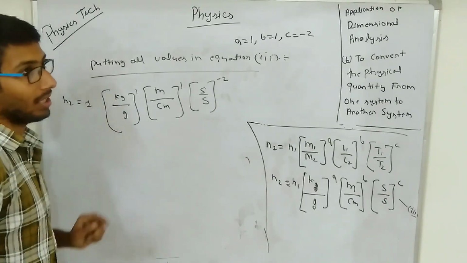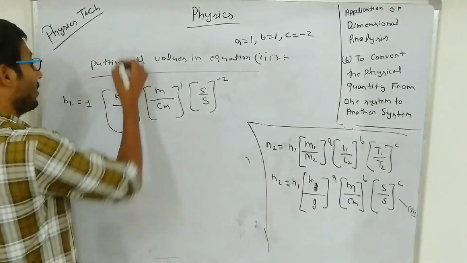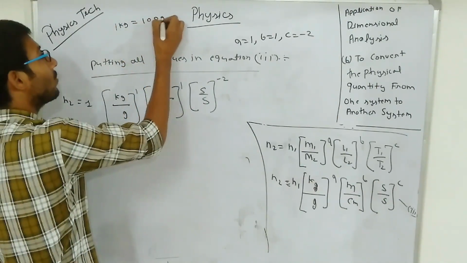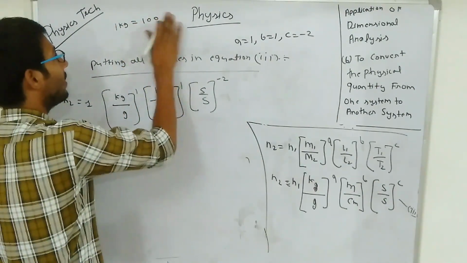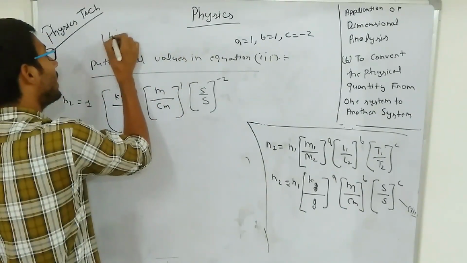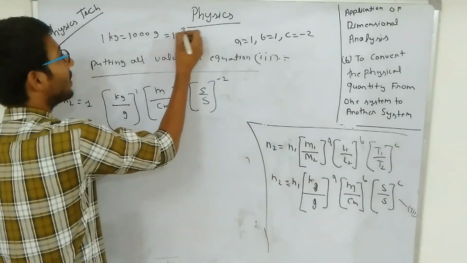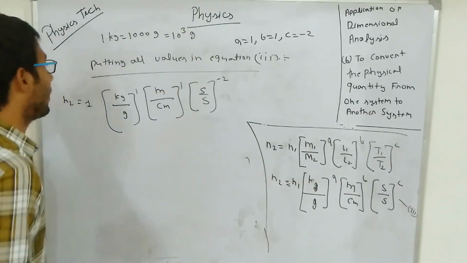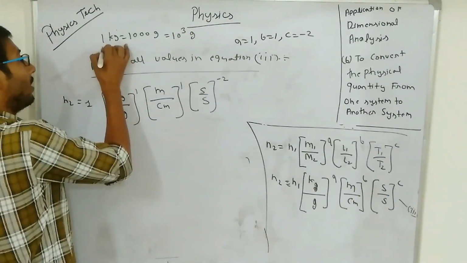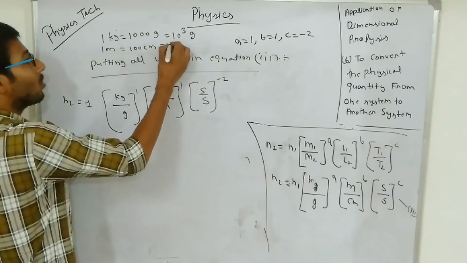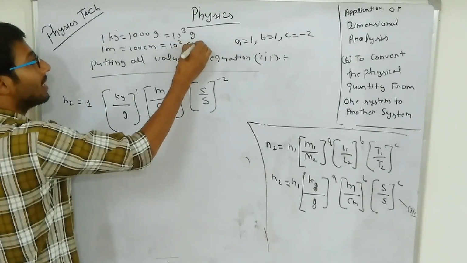Convert kg into g. We know that 1 kg is equal to 1000 g, or 10 to the power 3 g. And 1 meter is equal to 100 centimeter, which is 10 to the power 2 cm.